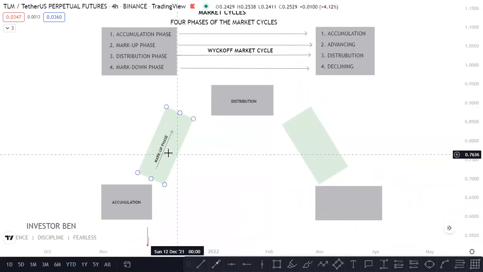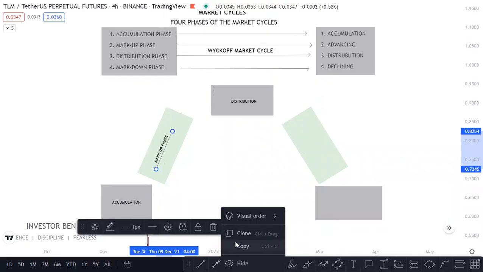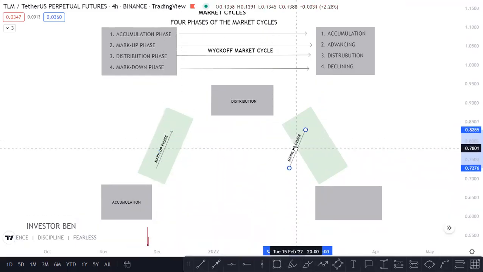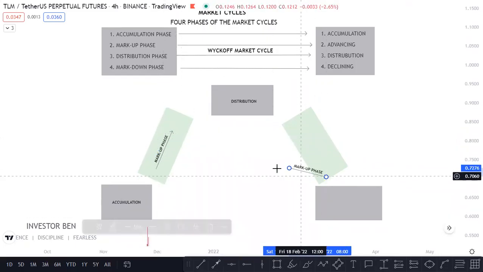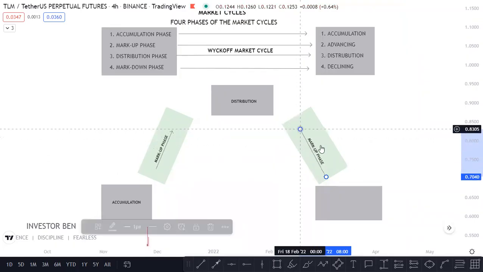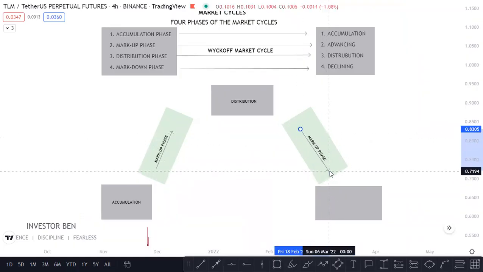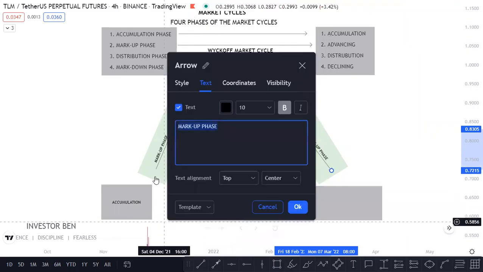So this is the distribution phase, and here is the markdown phase, right?